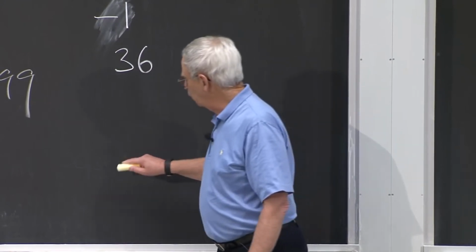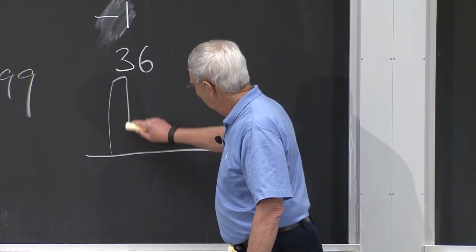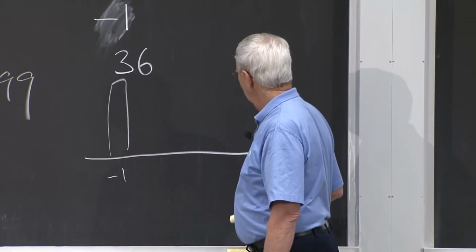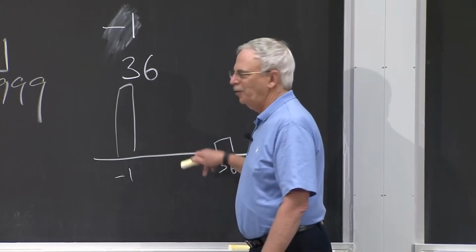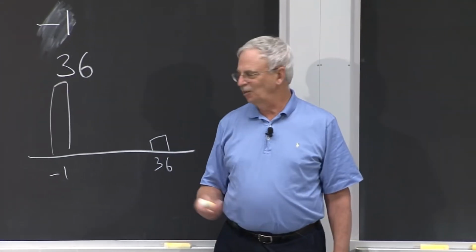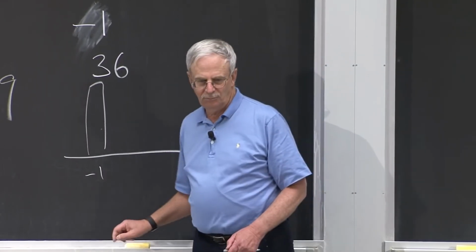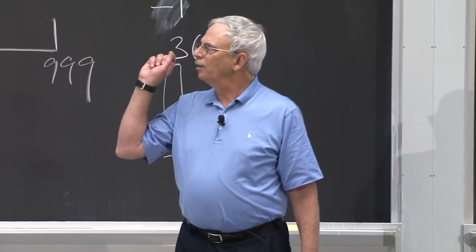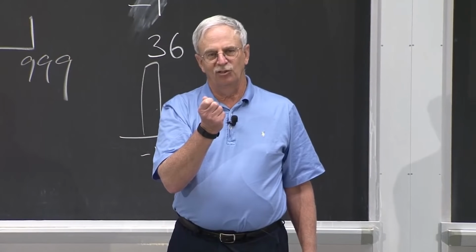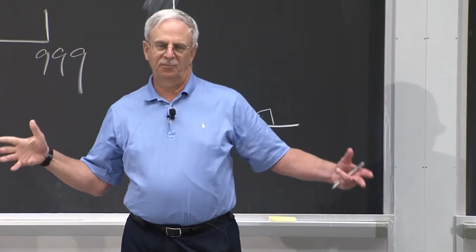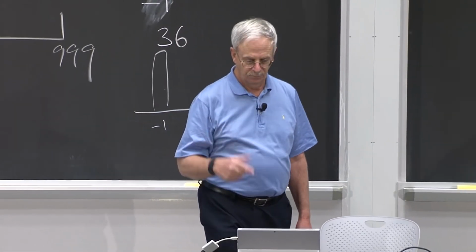So if we plotted a histogram, we would see a huge peak at -1 and a little bump here at 36 and nothing in the middle. Clearly not a normal distribution. But what we're reasoning about is not the return of a single spin, but the return of many spins. If we played 1,000 spins, what is our expected return?